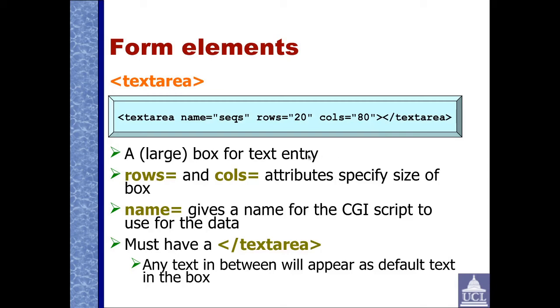This is designed as a large multi-row box for entering relatively large amounts of text. The rows equals and cols equals attributes specify the size of the box, and the name equals gives this set of data a name which can then be used within the CGI script to extract those data.